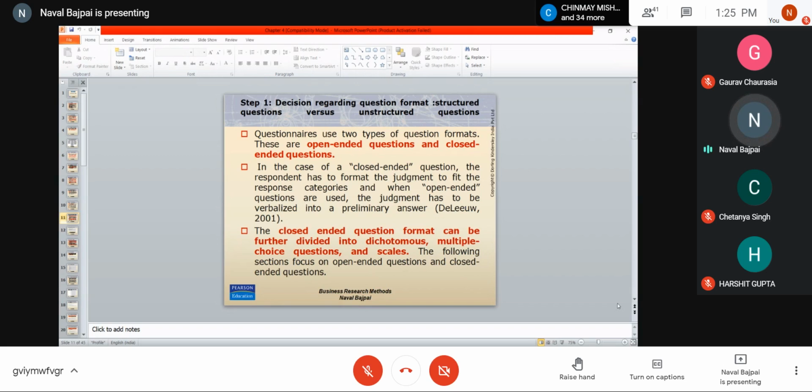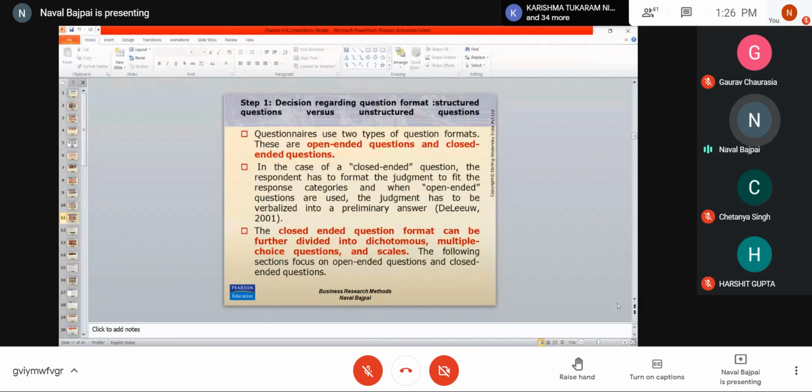Closed-ended questions are the questions which we studied in chapter number 3 on the basis of the rating scale. So the questions we have used on the basis of the rating scale are taken as closed-ended questions. Please note down that closed-ended questions means questions which are rated on an interval scale or like that, and are considered for descriptive and conclusive research.